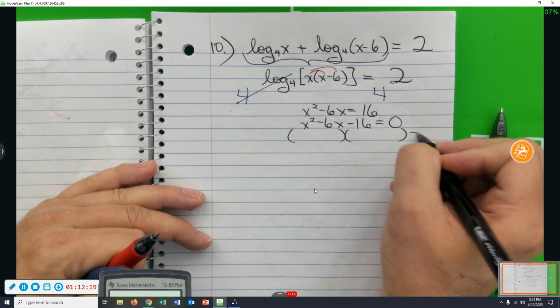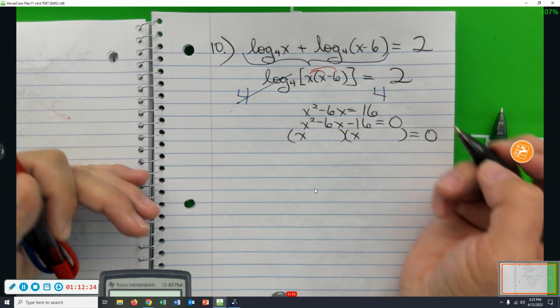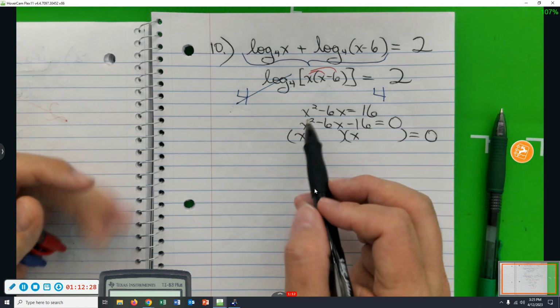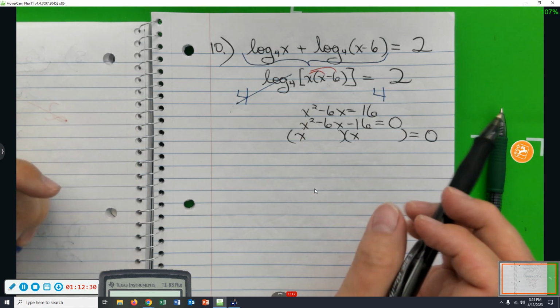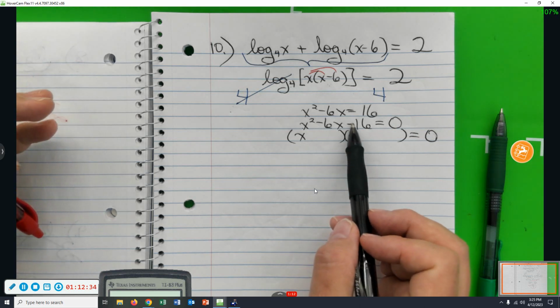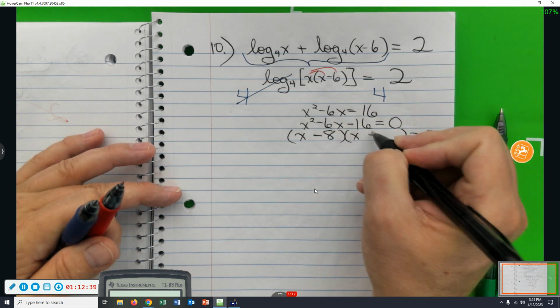And factor. X squared... What do you know about the signs? Okay, well, it's a simple trinomial, so choose the pair that adds or subtracts to give you 6. In this case, it has to subtract. So, 8 and positive 2? I agree.